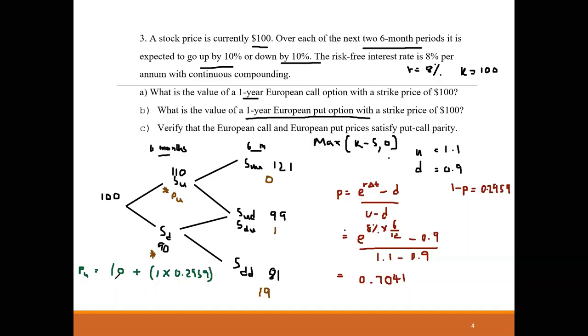So you will have to find out the present value of this. You can take e to the power minus 8% into 0.5, 0.5 because it is 6 months. We have to bring it back by 6 months, multiplied by 0.5. So what is the value of PU, the put price if it goes up once?